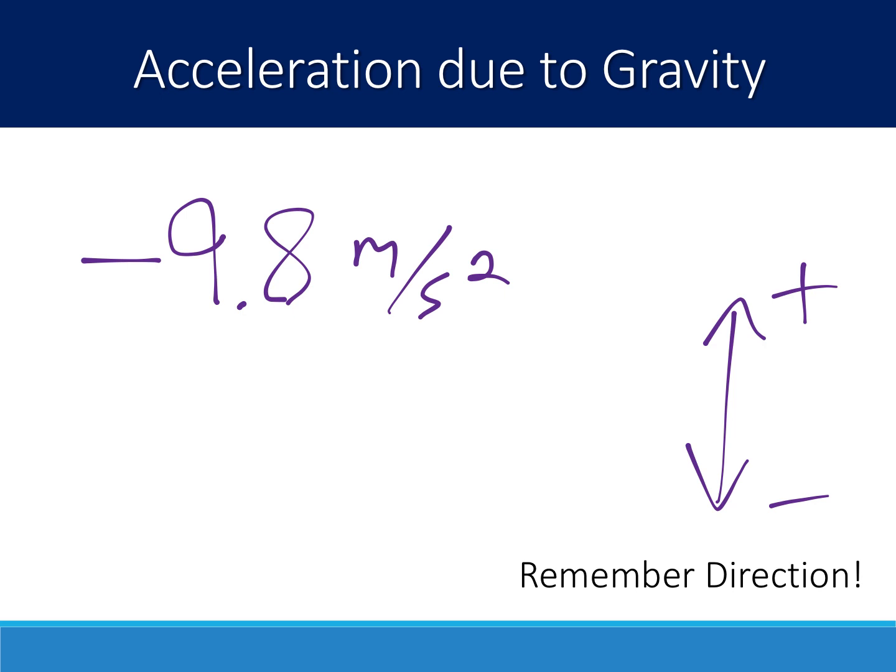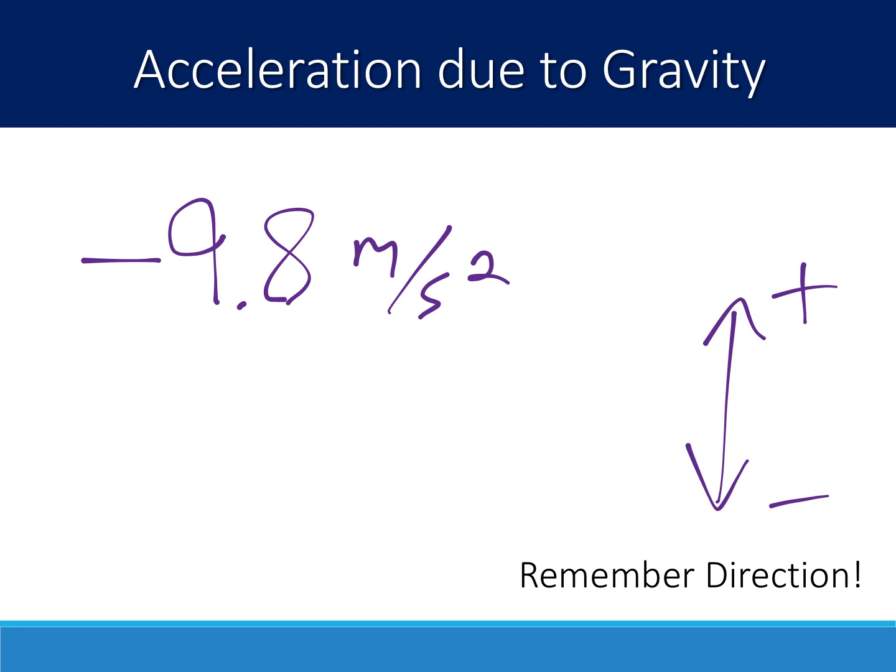So a few baseline things about free fall and acceleration. On Earth, the acceleration rate due to gravity is 9.8 meters per second every second, or 9.8 meters per second squared. That is true uniformly. That is, when objects are close to the surface of the Earth, that is the rate that they will accelerate at. I put a negative here because the direction makes a difference in these calculations.